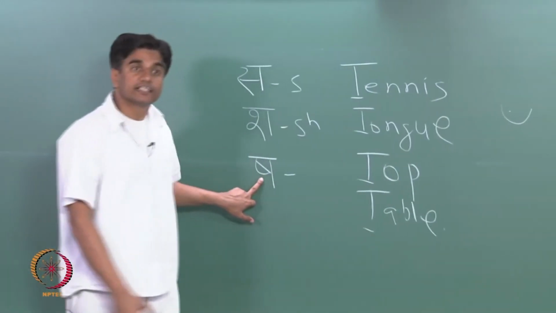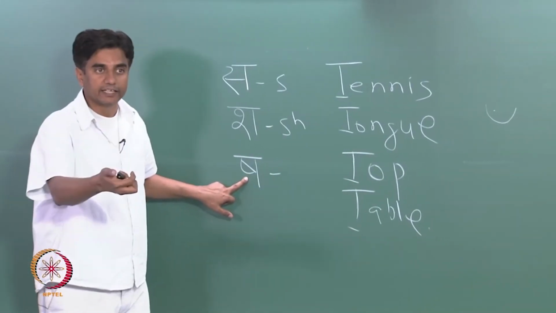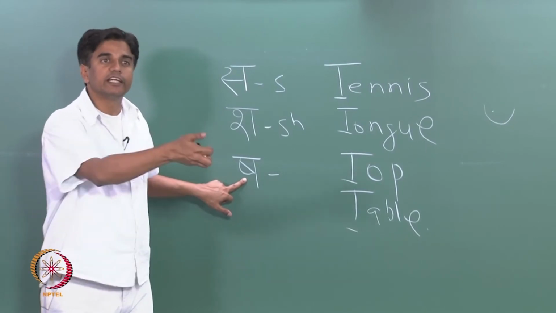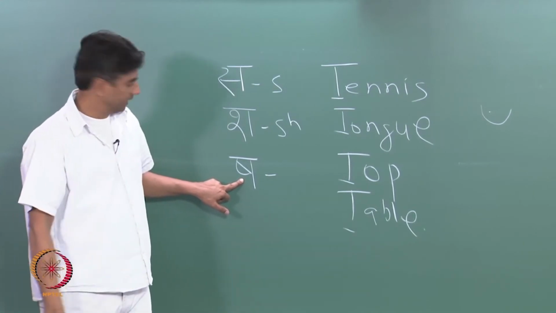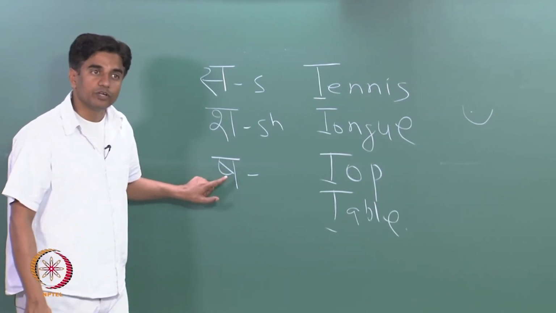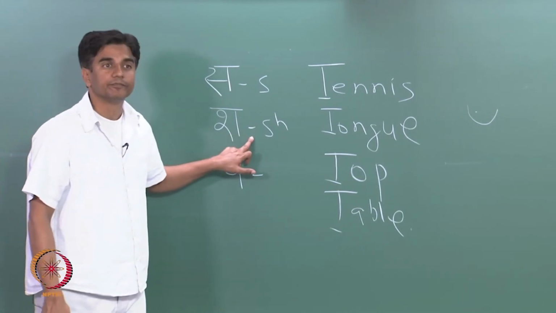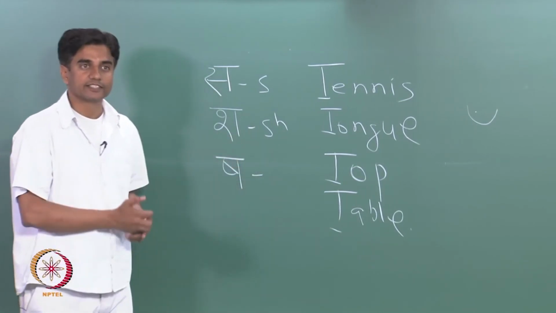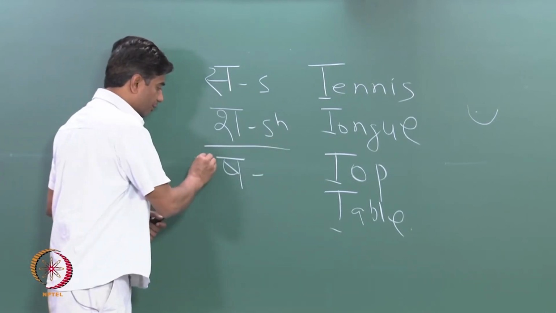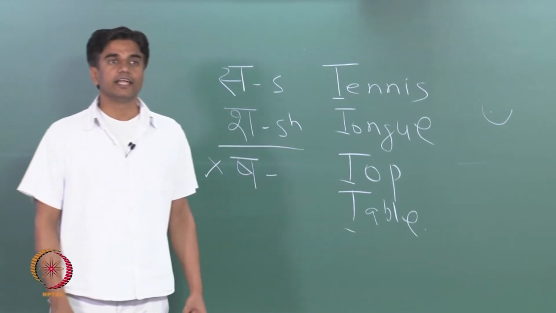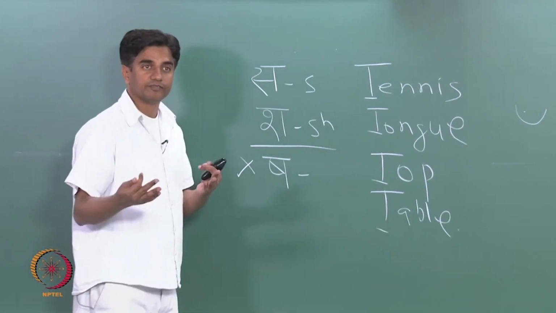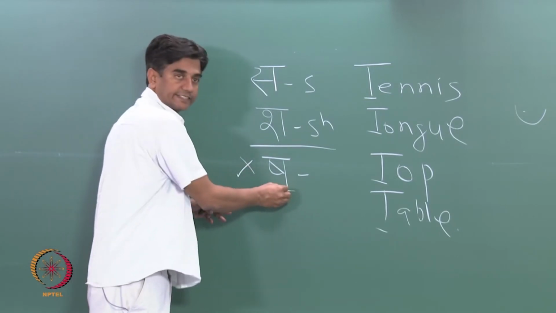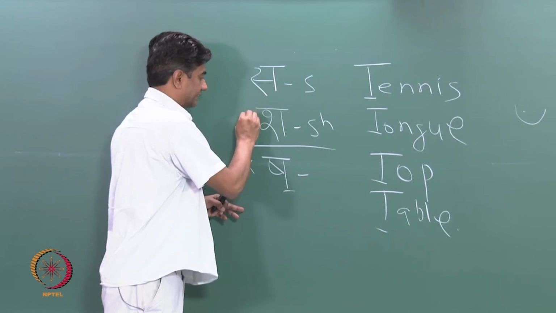Actually, every time we say this sound, by we I mean here, speakers of non-Dravidian languages, that is speakers of Indo-Aryan languages particularly, when they want to say this, they end up saying this one, because this sound is almost lost in Indo-Aryan languages. If we take example of Hindi or Marathi, whenever we want to say this, we actually end up saying this.